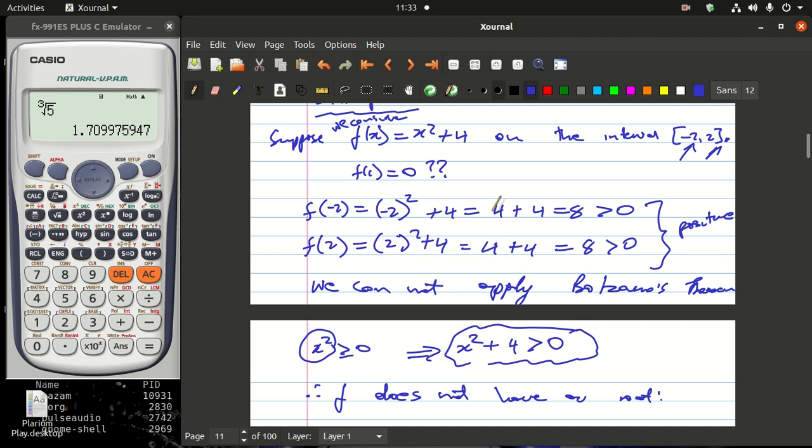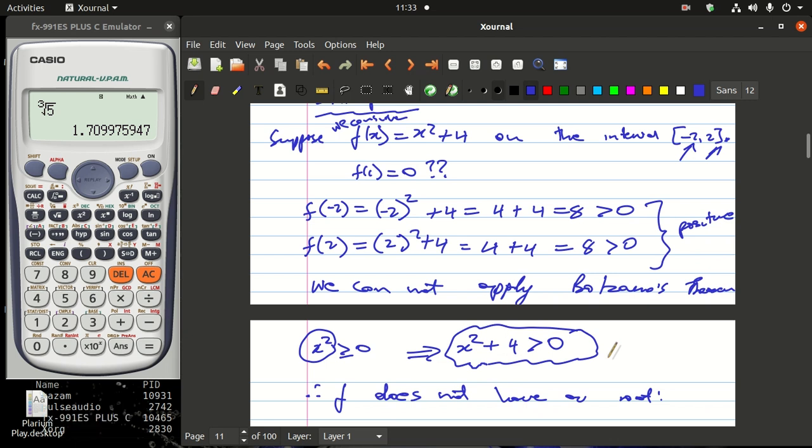So in this particular case, someone might say that this function is continuous everywhere, and we know that it's always bigger than 0. Using Bolzano's theorem, because these are always positive, we can assume that there is no such value c.